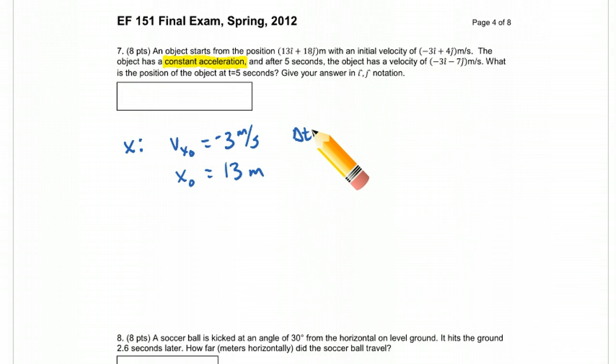So delta t is equal to 5, and velocity x after 5 seconds is equal to minus 3 again, meters per second.